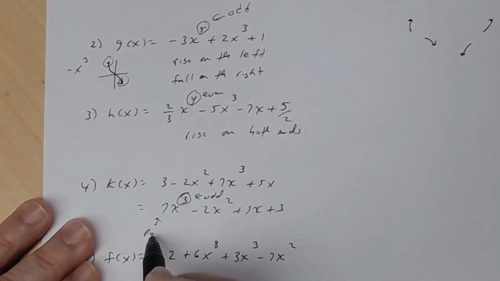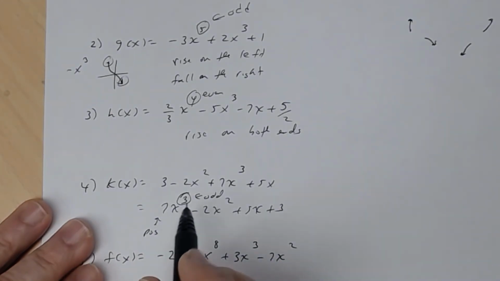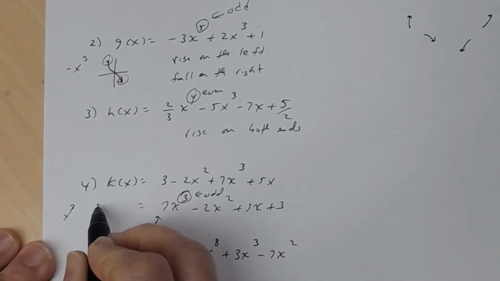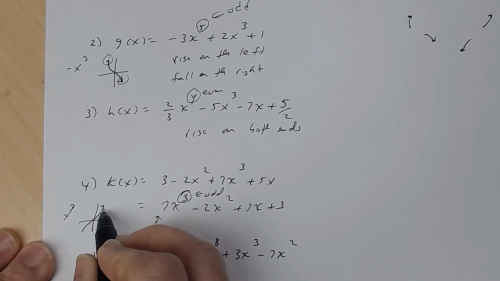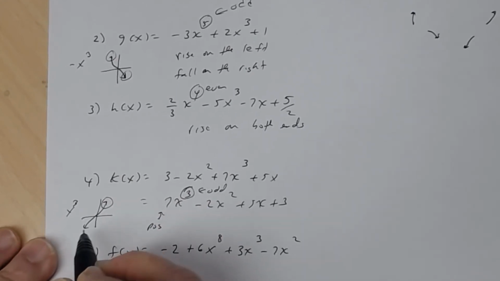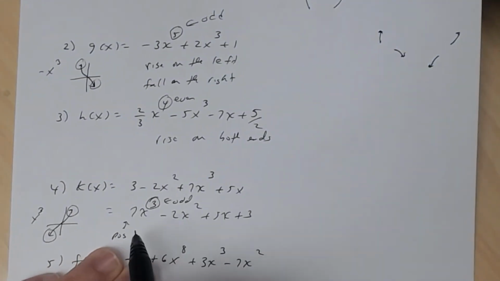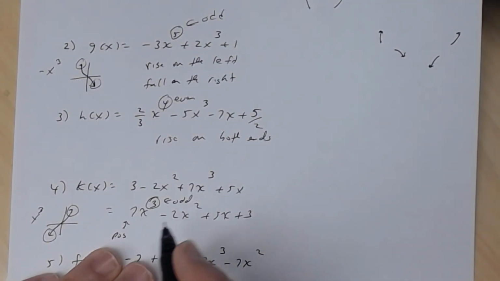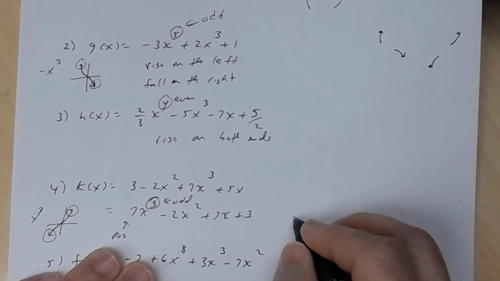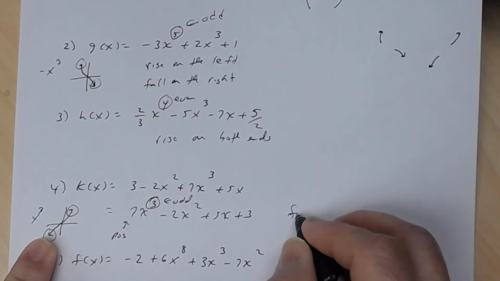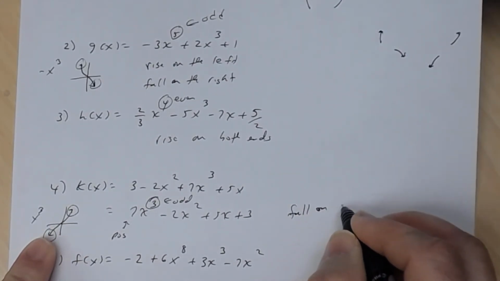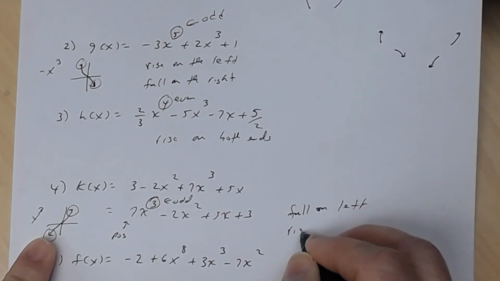The leading coefficient is positive. If it's odd, think of x cubed. It looks like this: it rises on the right and falls on the left. So since this is odd and the leading coefficient is positive, you will say fall on the left, rise on the right.